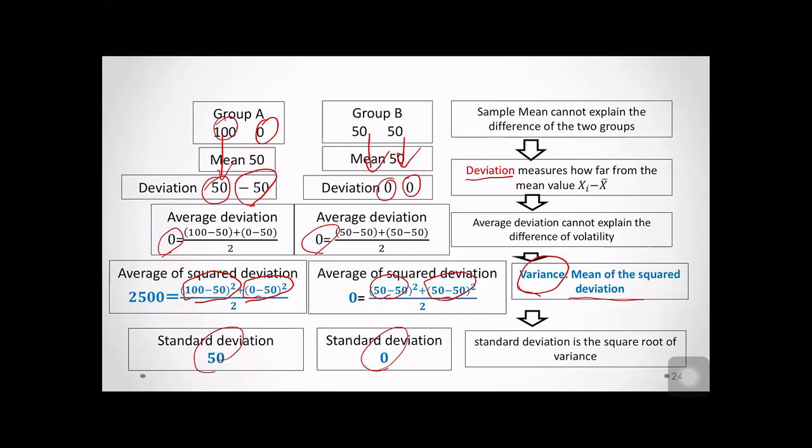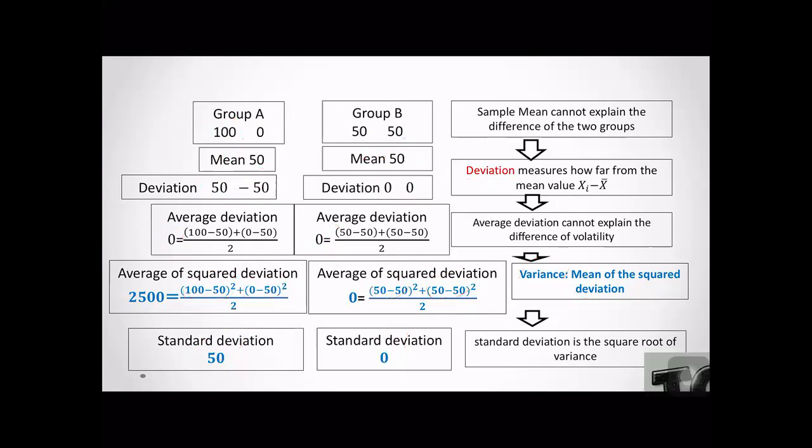So we square the deviation first and calculate the average. That is the variance. And similar to variance, standard deviation is just the square root of the variance, to make sure that the standard deviation has the same metric as the original numbers in group A and group B.